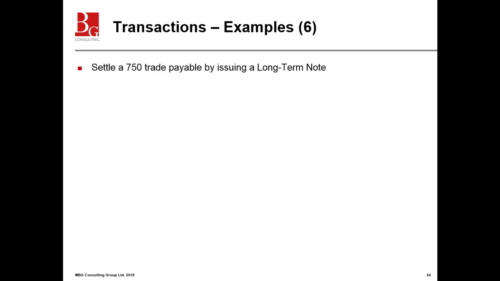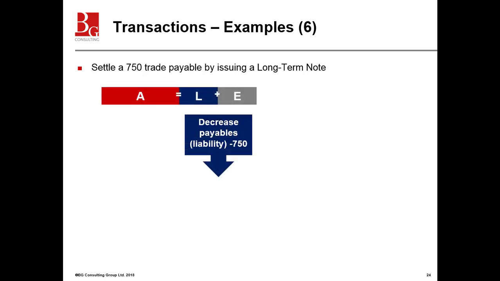Finally, we settle a 750 trade payable by issuing a long-term note. So rather than paying the trade payable from existing cash, we borrow money to be able to pay them. So payables decrease by 750, the amount that we've paid off.